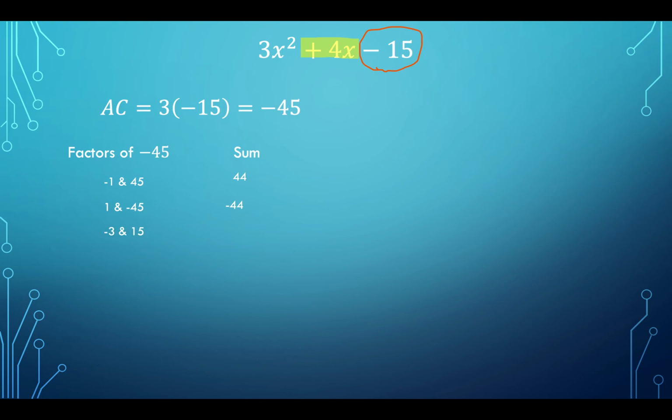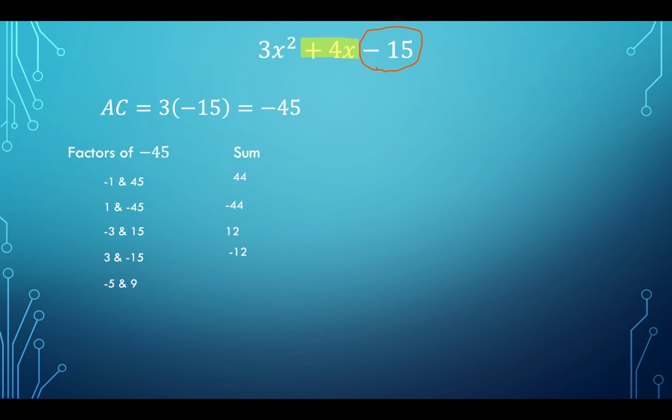Negative 3 times positive 15 gives us negative 45, and negative 3 plus 15 gives us 12. We can also do positive 3 times negative 15, which gives us negative 45, but 3 plus negative 15 gives us negative 12.